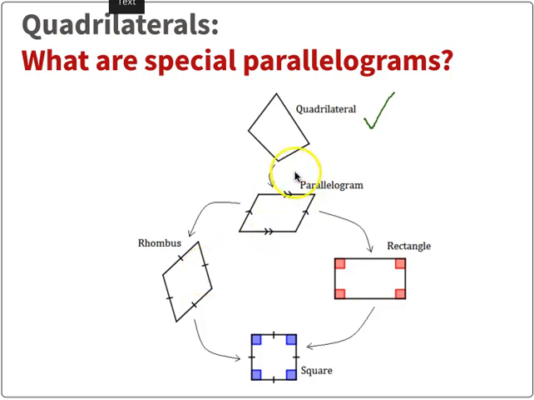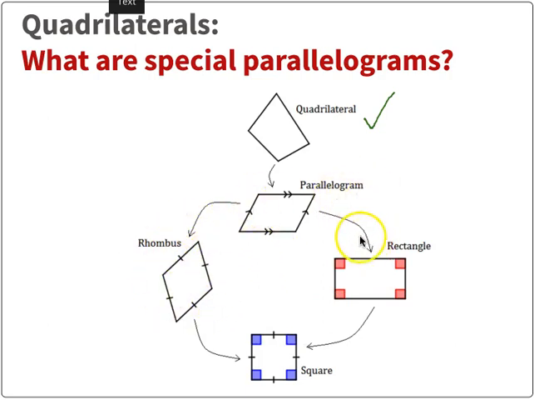So just like a parallelogram is a quadrilateral, these 3 special types of quadrilaterals I'm about to introduce to you are parallelograms. So what are those special parallelograms? They are rhombuses, squares, and rectangles. So squares, rectangles, and rhombuses are parallelograms.